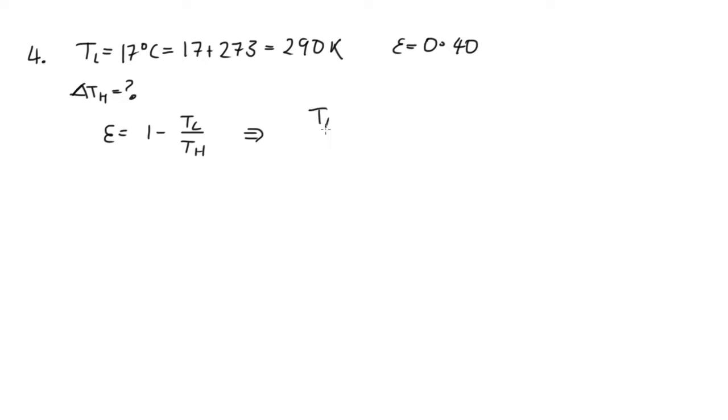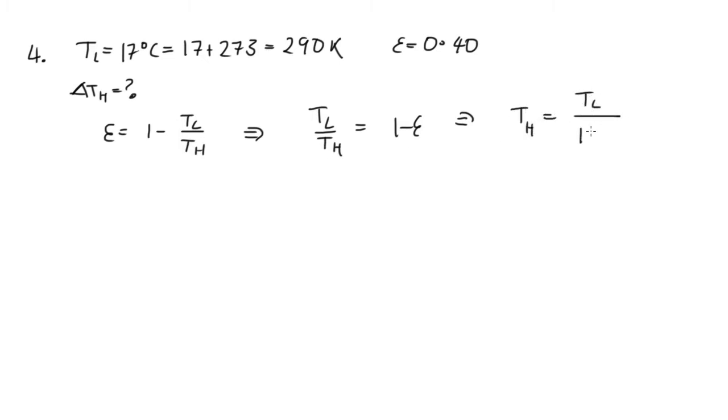So we have TL over TH is equal to 1 minus the efficiency. Okay, and from this we can see that by switching these two, TH is equal to TL over 1 minus the efficiency. Okay, so currently we've got that TH is equal to TL, which was 290, over 1 minus 0.40.